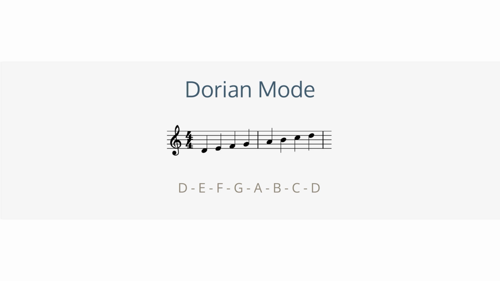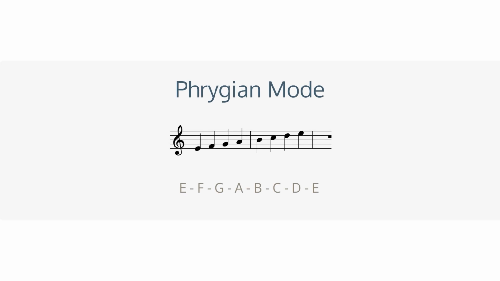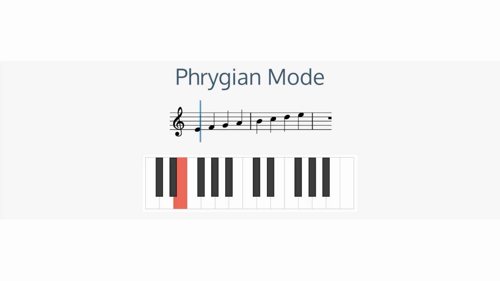The difference between the minor scale and the Dorian mode is that Dorian has a whole step between the fifth and the sixth note. The Phrygian mode is similar to the minor scale, but the Phrygian mode has a half step between the first and the second notes.